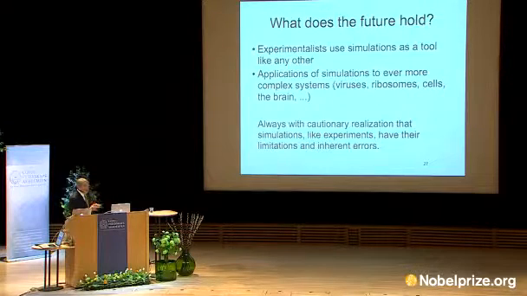But I, again, want to caution, as I do my students always, that what they're doing has limitations, just like experiments do, and they have to be careful, particularly when they find something interesting, that there isn't some error in what they have done.